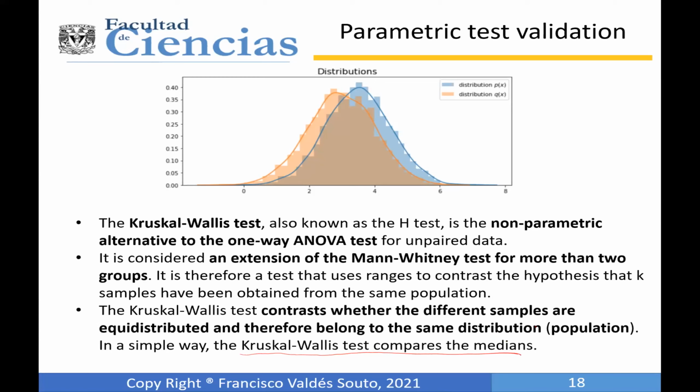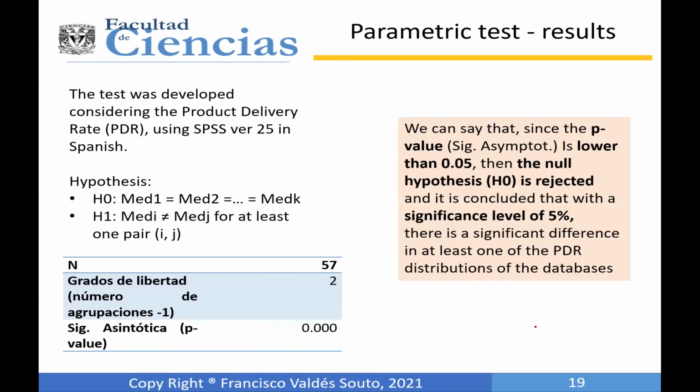We try to identify if we can integrate these databases, and not only with the goal to get more data. I mean, we can integrate if they are going to act like they belong to the same distribution. So the test was developed in SPSS version 25 in Spanish, obviously because we have been working in Mexico.